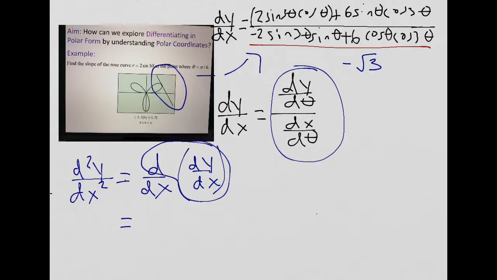So we're going to have d over d theta of our dy over dx. So that dx that was left in the denominator has to be the dx over d theta.